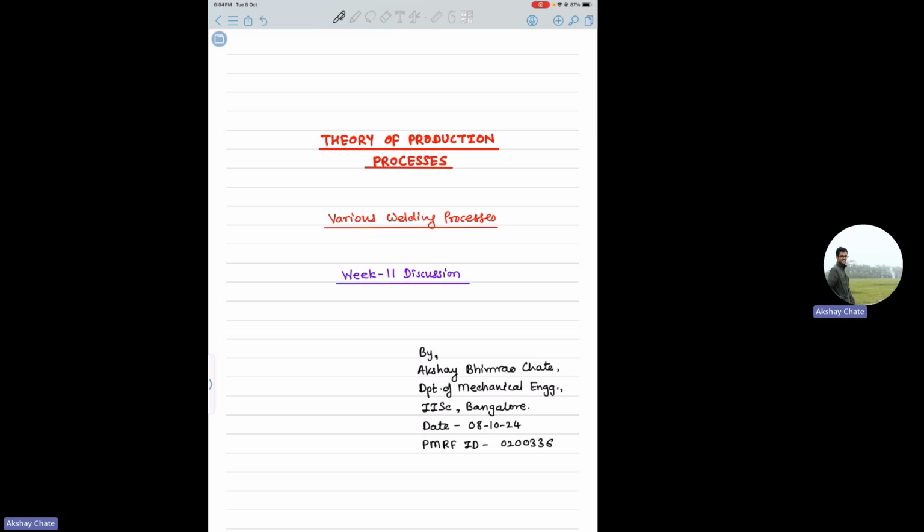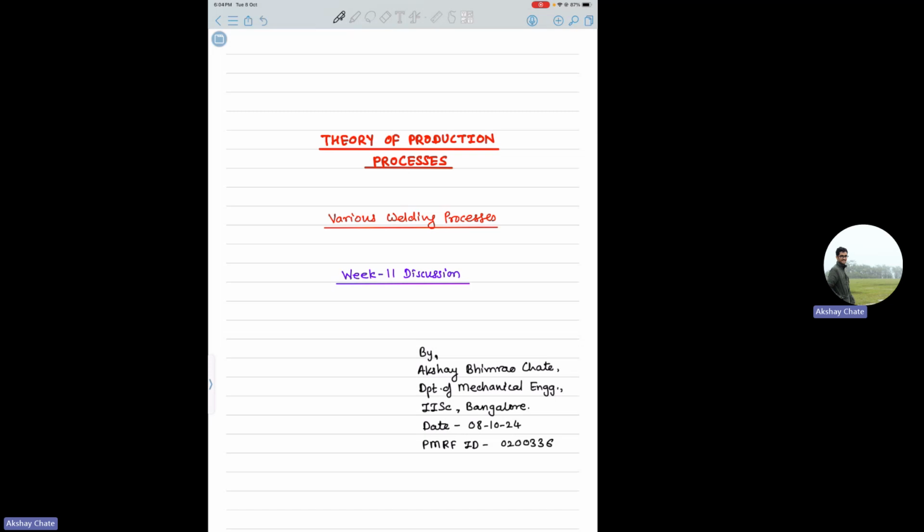Apart from that, there was discussion on welding distortion. This welding distortion can happen because of material properties, as well as the procedure followed during the welding process. So it's not only the material properties, but the procedure parameters and operating parameters during welding are also contributing factors.